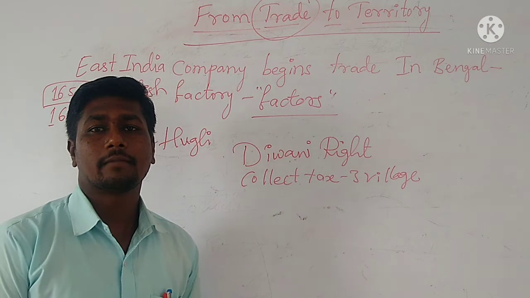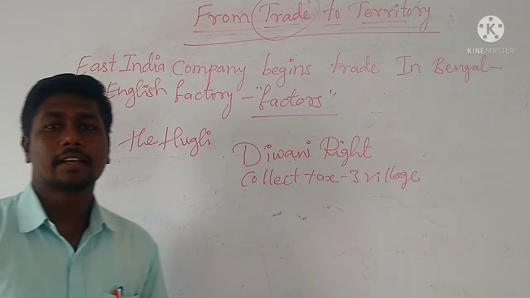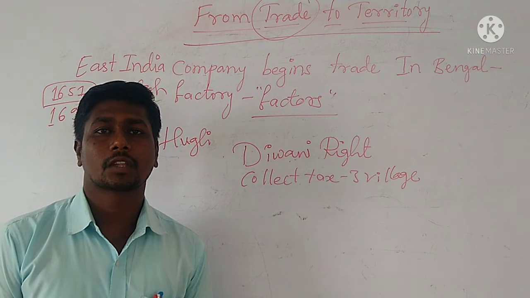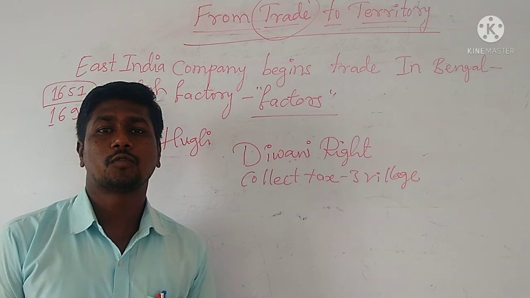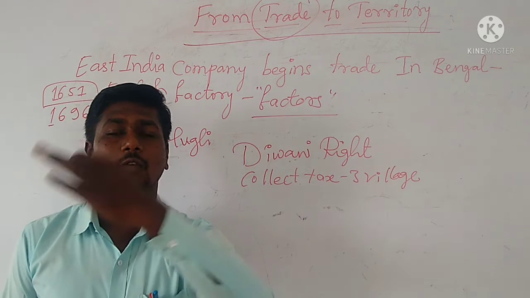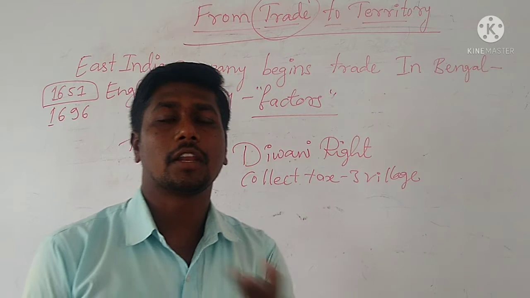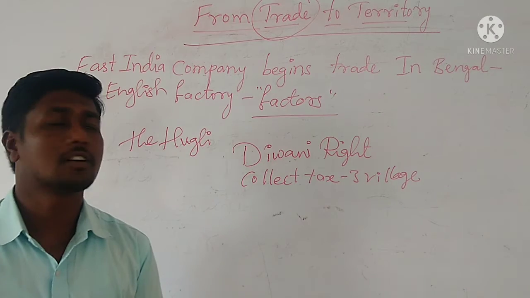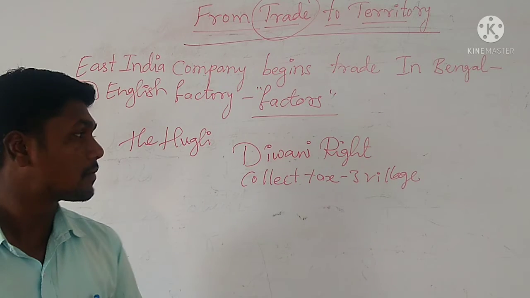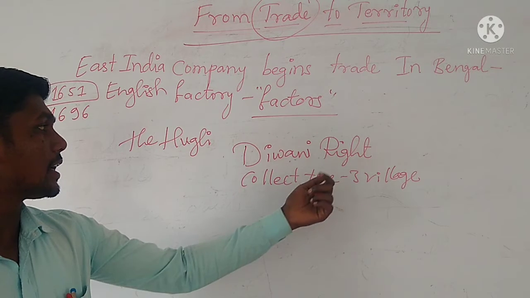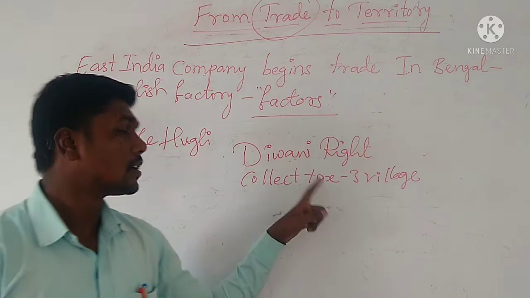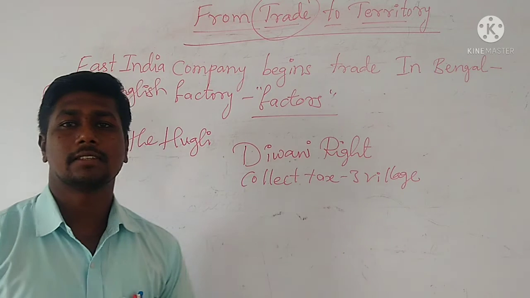And by 1696, the company began to construct a fort around this factory. Construct a fort, kote we call in Kannada. So the company began to construct a fort around the factory, and the company bribed Mughal officials to grant them the Diwani right, that is the right to collect tax in 3 villages.